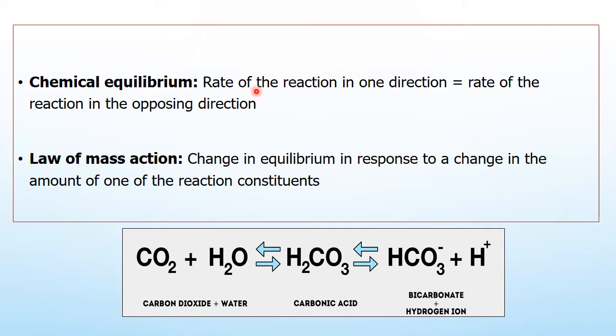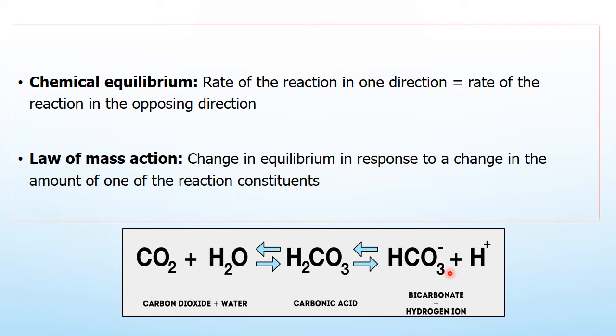Chemical equilibrium states that the rate of reaction in one direction is equal to the rate of reaction in the opposing direction. This does not mean that the concentrations of substrates on either side of the reaction are equal. It means that the rates of reaction in both directions are equal, so as to maintain the components at the same concentration.